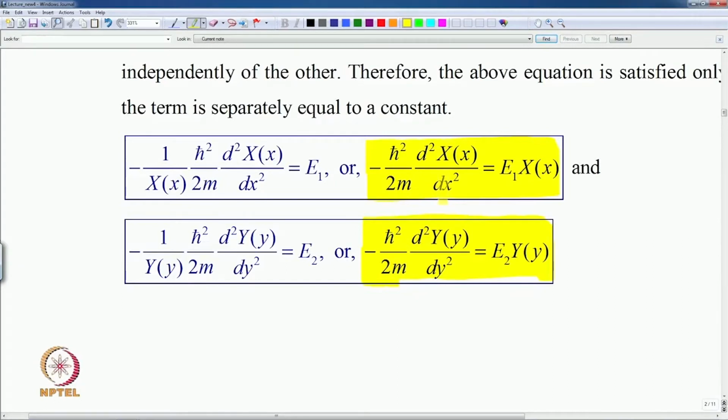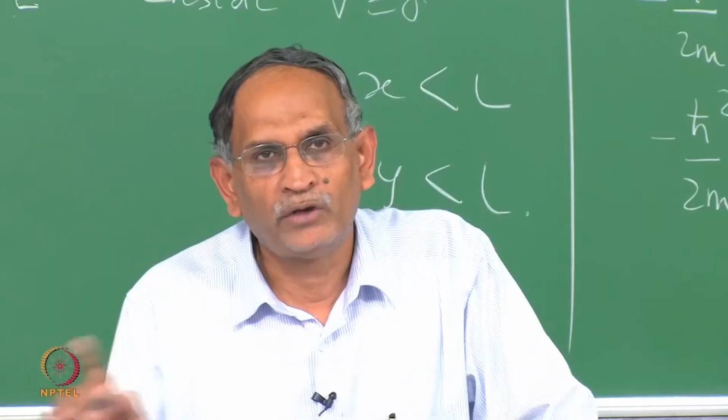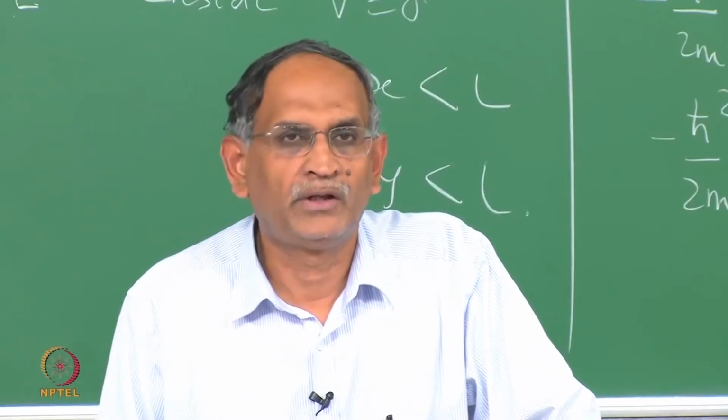The x component of the wave function is similar to the psi of x that we wrote, except that now we call it X of x, and now this will have a quantum number going from 1, 2, 3 to some value which we call n1. In an identical manner, the y equation will also have a free quantum number n2 which will run from 1, 2, 3 to whatever we take.